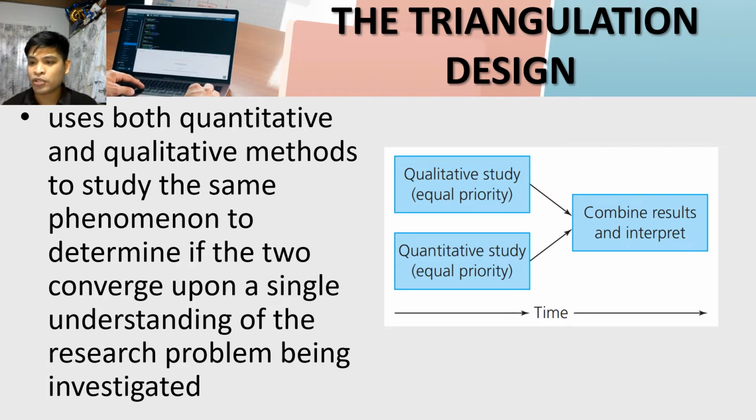So the convergence or divergence of the results would then be examined if the data were analyzed independently. The basic justification for using the triangulation design is that the strengths of the two methodologies will balance out each other's shortcomings.